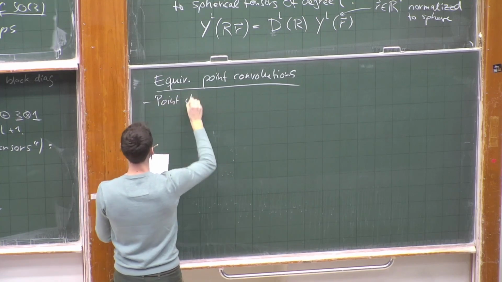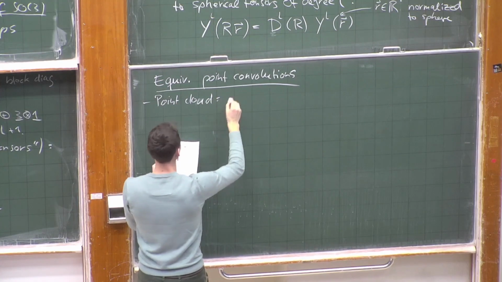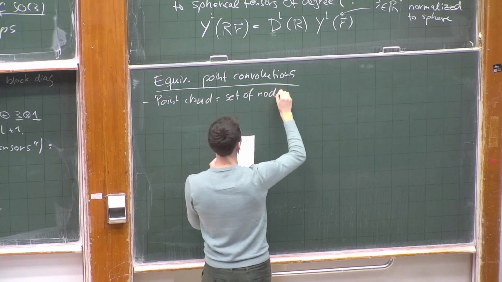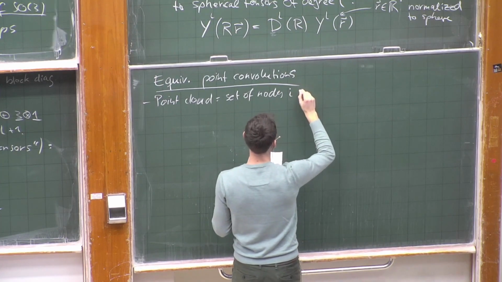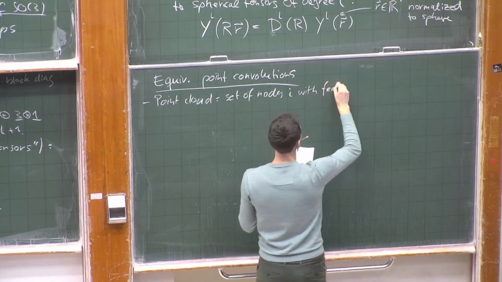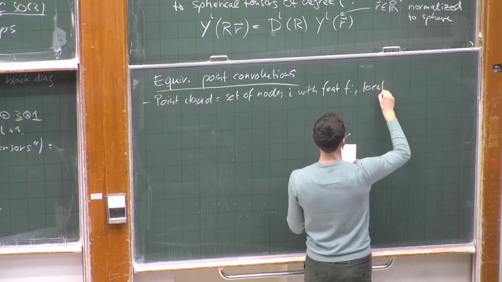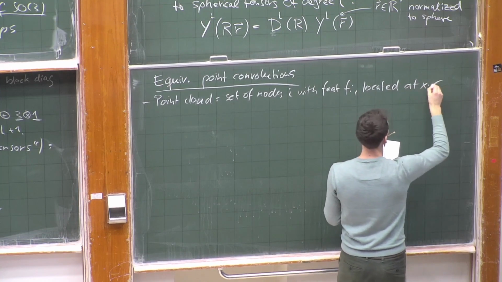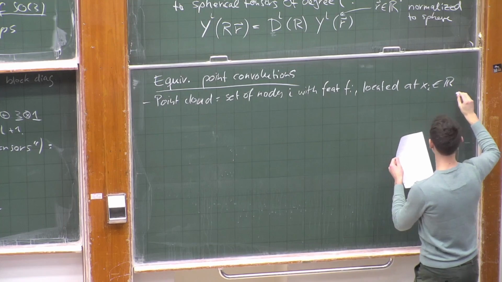A point cloud is a set of nodes labeled by index i with node features f_i located at positions x_i in Euclidean space.